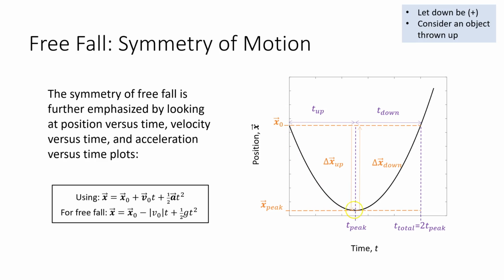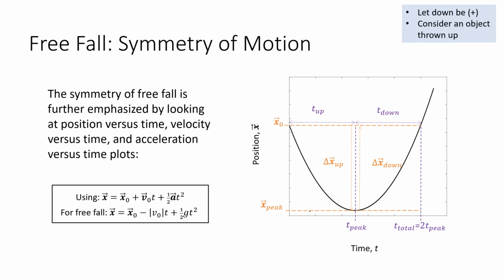Why is it getting lower from its initial position? Well, remember we defined upwards to be the negative direction. And so at the peak, it's going to be a more negative value. And so it's going to be lower on my position versus time graph, which is a little bit confusing, but it's just because we switched the conventional coordinate system so that upwards was negative.